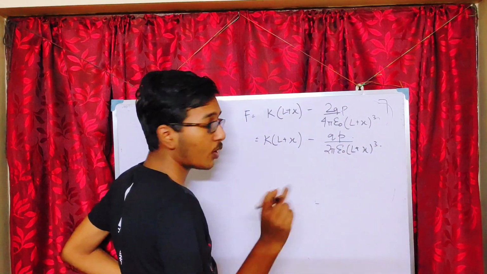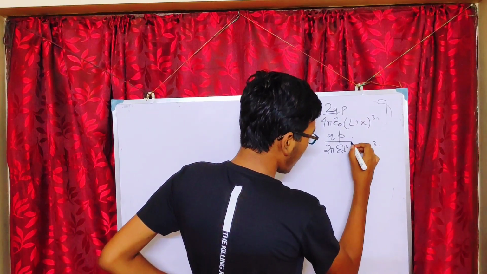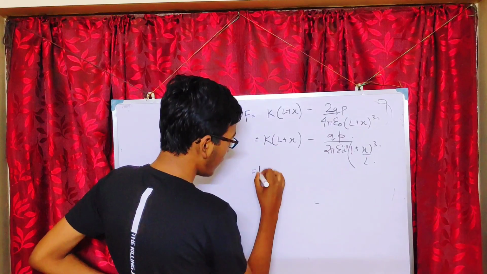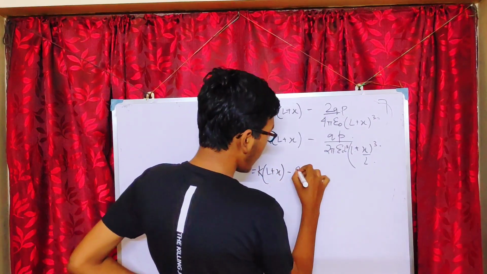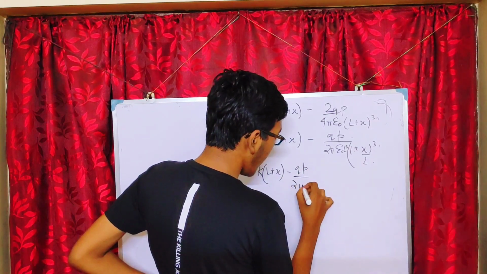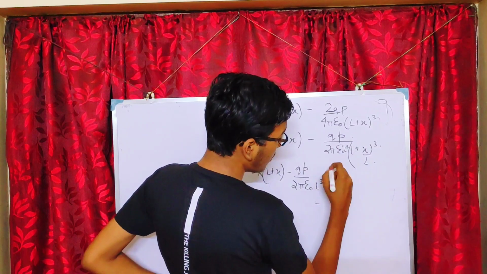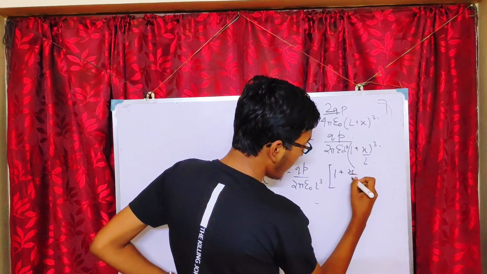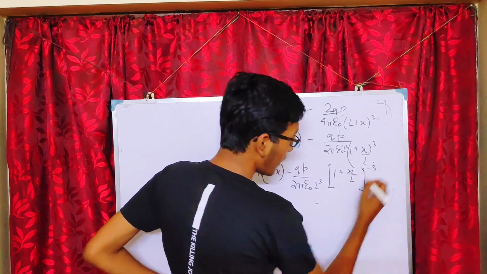Now my friends, what I can do, I can take L cube common. So this would be (1 plus x by L). So this would be k into (L plus x) minus qp by 2 pi epsilon naught L cube into (1 plus x by L) power minus 3, this will be minus 3.